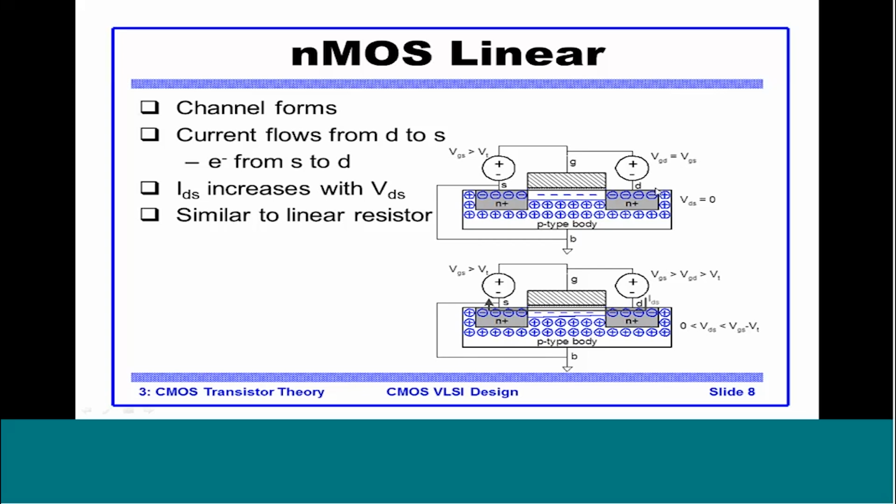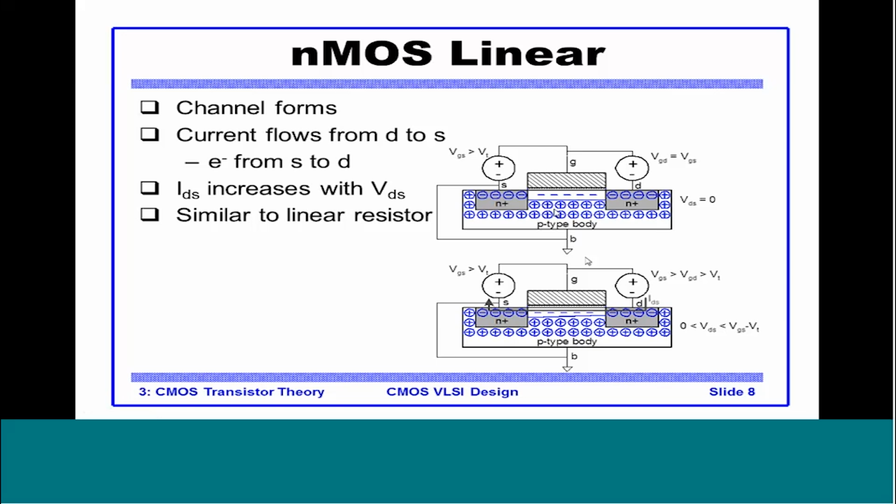It is very similar to a linear resistor. However, in this case we are assuming that the drain voltage is small. We will come to that. The definition of small here is that VDS should be less than VGS minus VT. In this case, this region is called accumulation region, and this region is called inversion region. Why inversion?